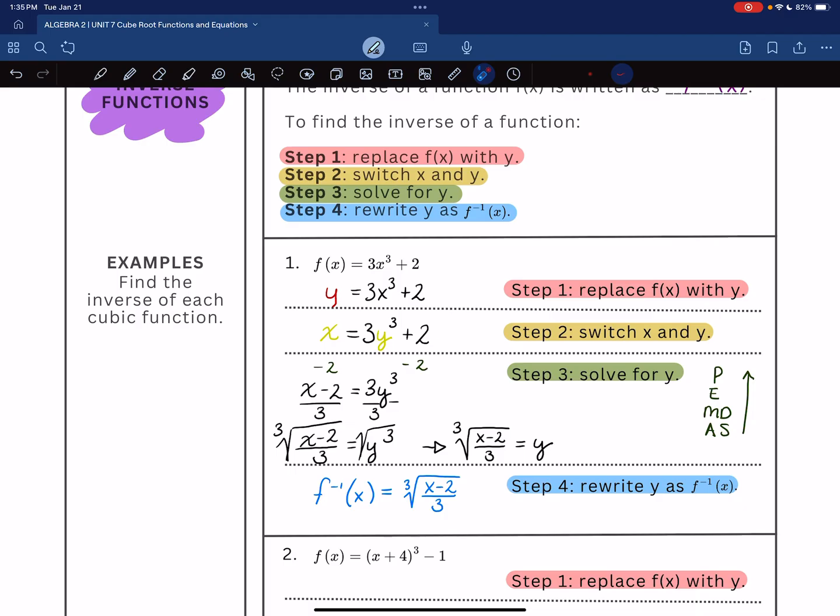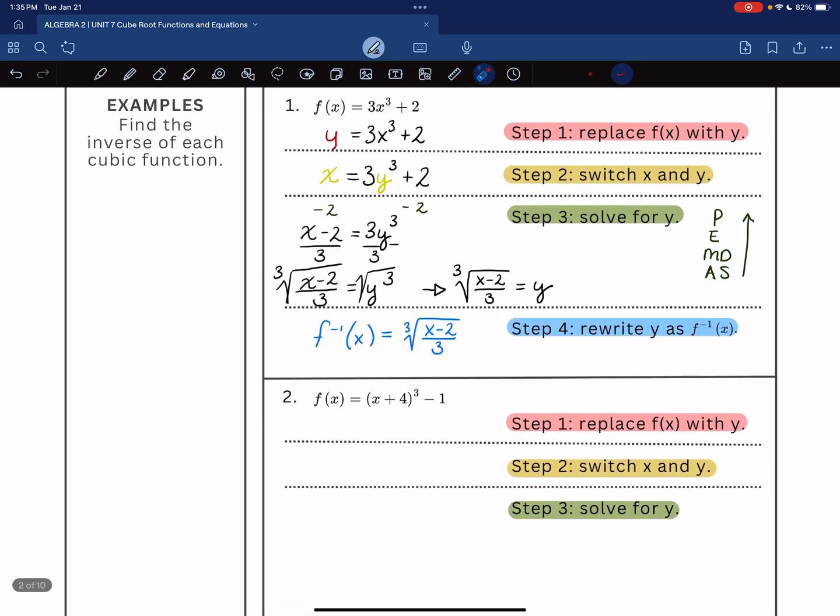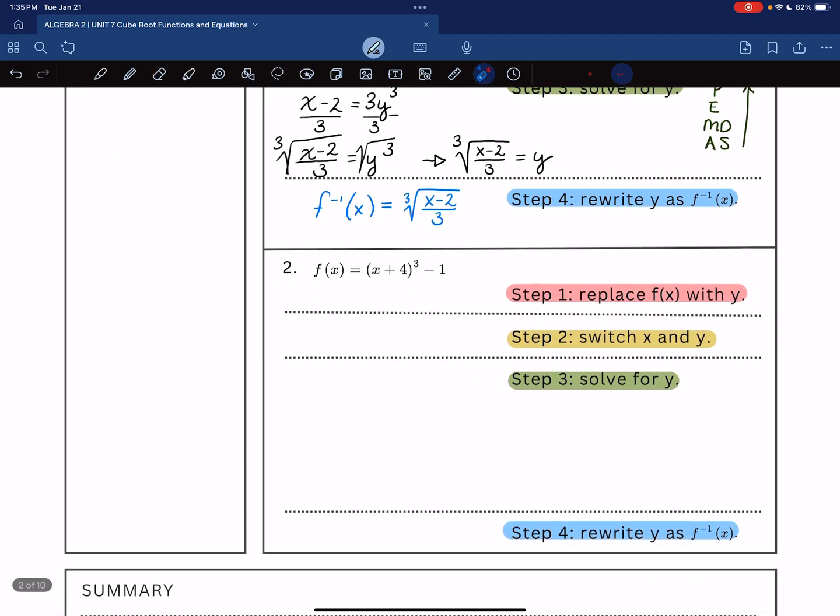So there we have it. That's one example. Let's do another one. Let's follow these steps to find the inverse of this function, f of x. All right, so to begin, replace f of x with y. Everything else stays the same. Switch x and y.